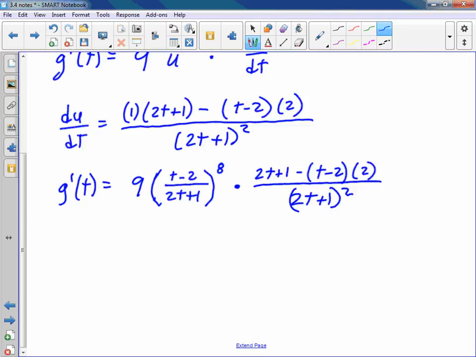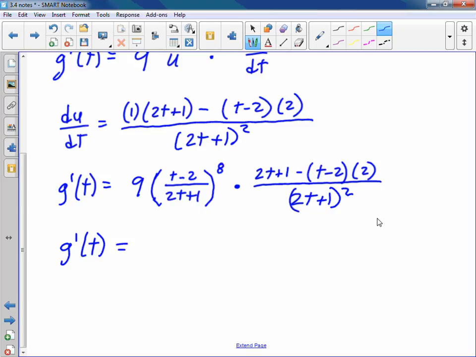And then we can clean that up if we want to a little bit. Think about ways we could clean this one up. And we probably should. You wouldn't have to, but probably should to make life a little bit better for you. I noticed this is a 2t plus 1 to the 8th. So you could write it that way.